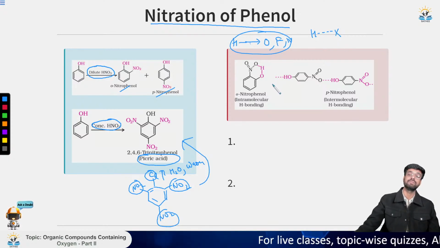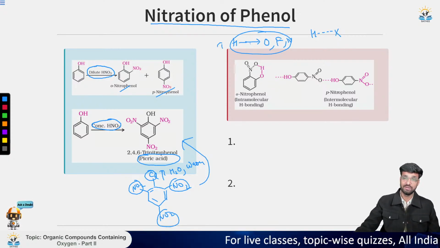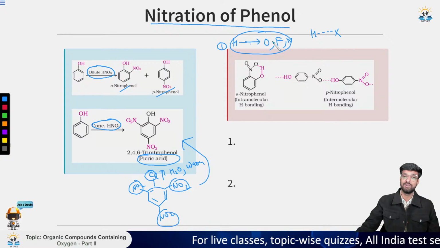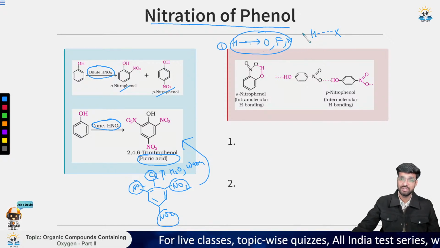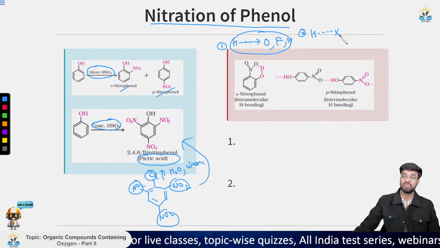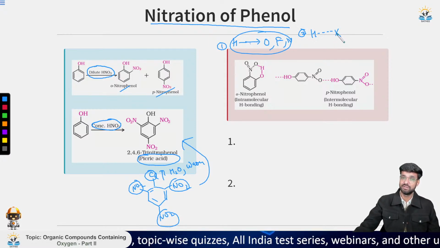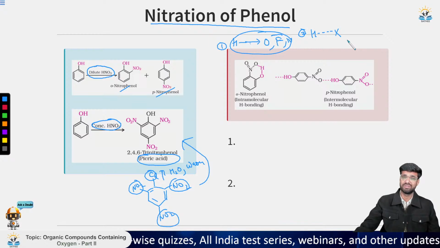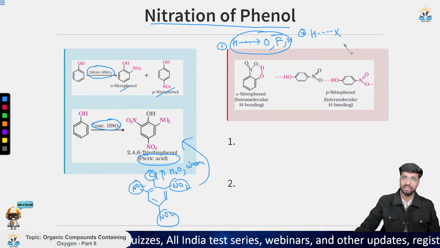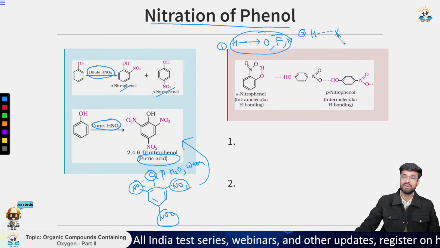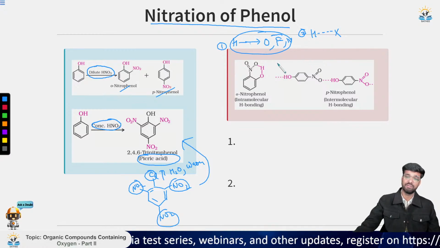So two things are important. First, it should be attached to oxygen, fluorine, or nitrogen, and second, it should be close to an electronegative atom like oxygen, fluorine, or nitrogen. In that case, hydrogen bonding will be formed between this electronegative atom and this hydrogen.